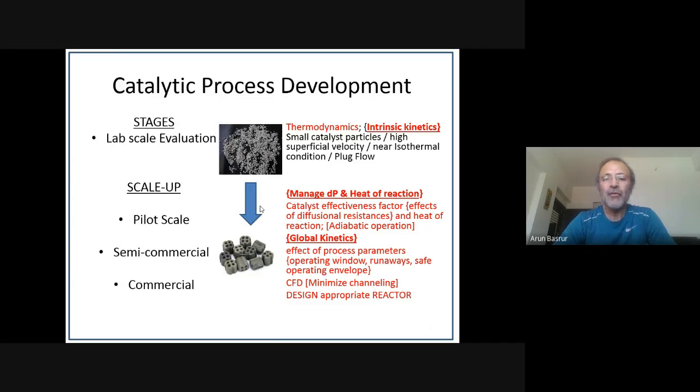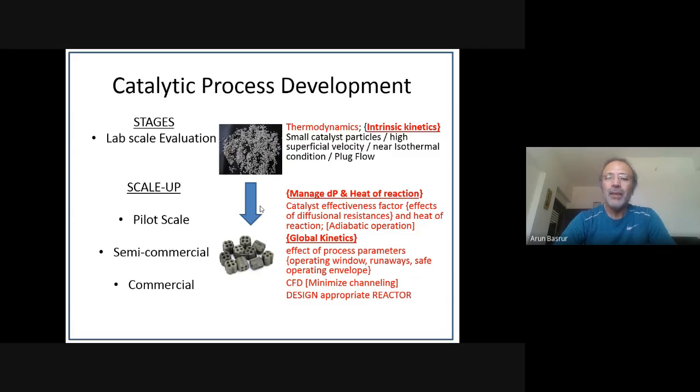After that, the next step is determining the effect of process parameters to determine the operating window, and identify runaways. This is not done experimentally. The runaways are determined through simulation. Determine the safe operating envelope, such as LEL, HEL, AIT. This is again not done experimentally in the reactor, but it is done using a bomb calorimeter.